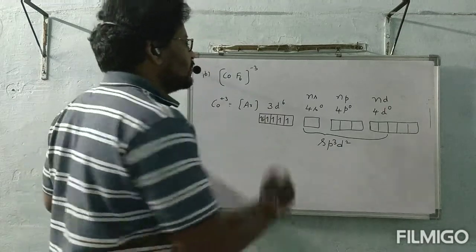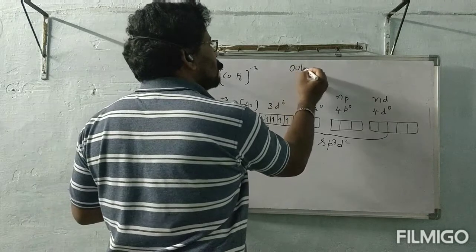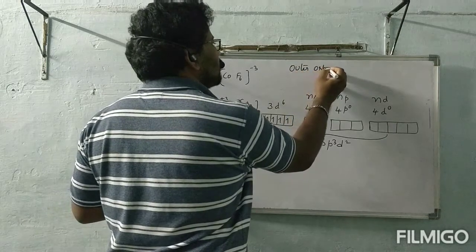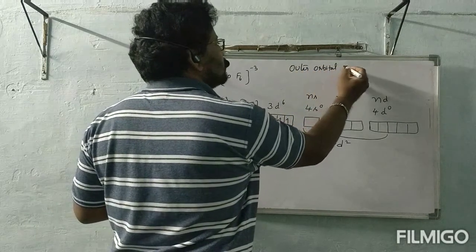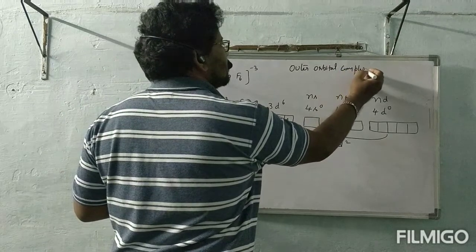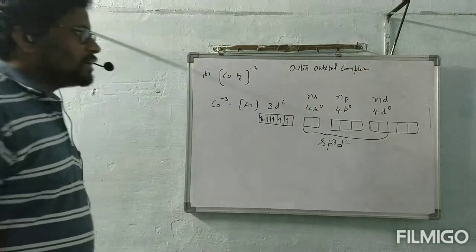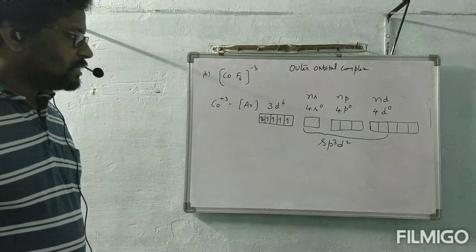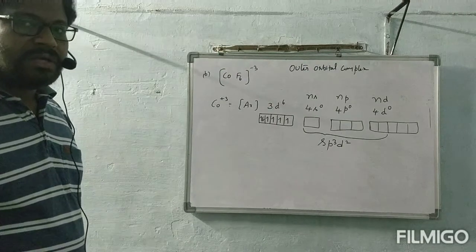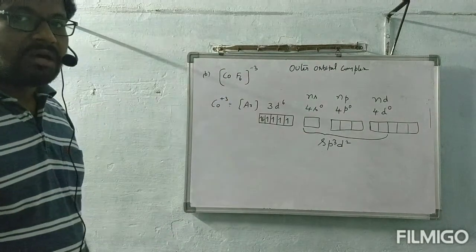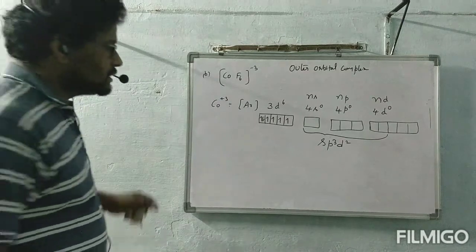Now this is called an outer orbital complex. Hybridization sp3d2, structure, same structure, octahedral. Okay, see.